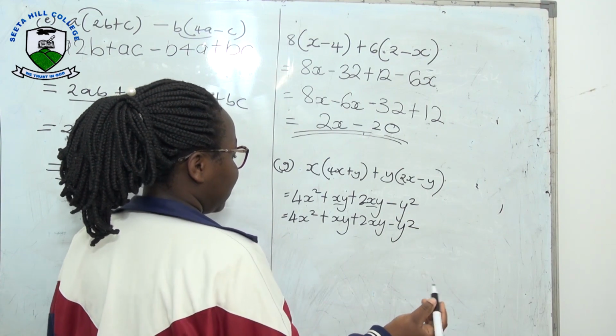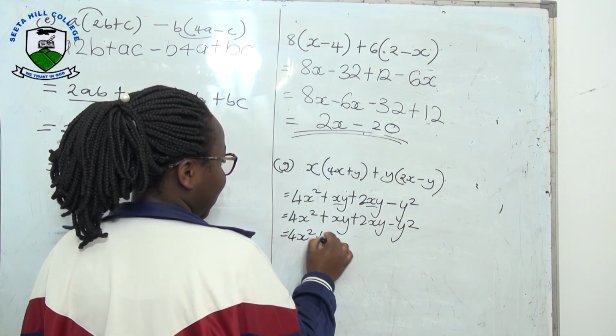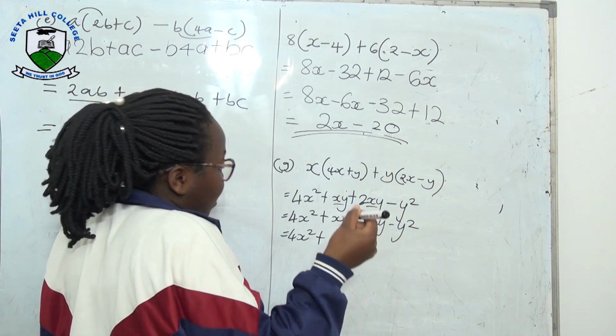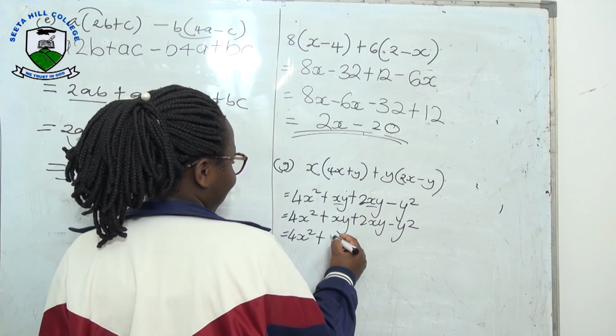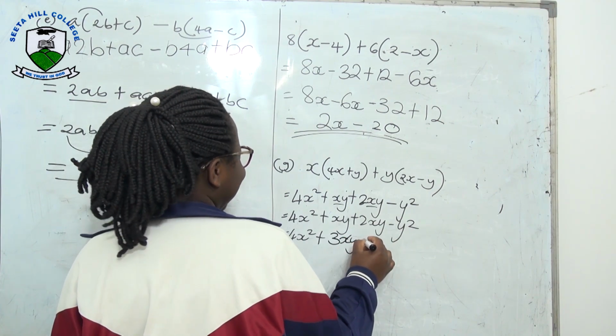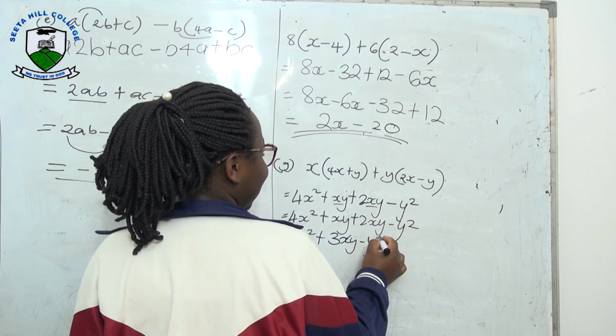We are now collecting like terms. So it will give us 4x squared plus y plus 2y, giving us 3y, minus y squared.